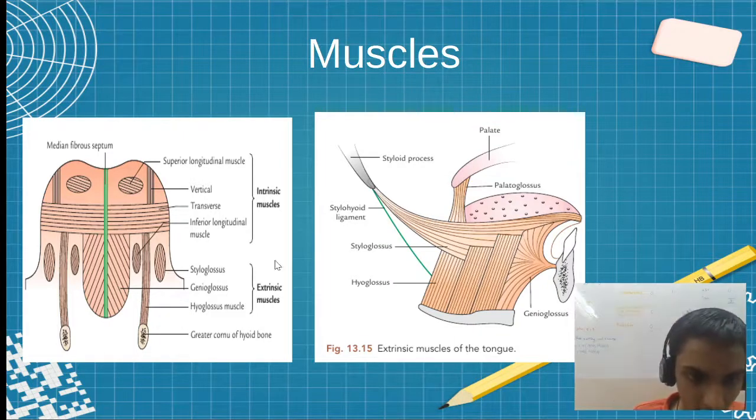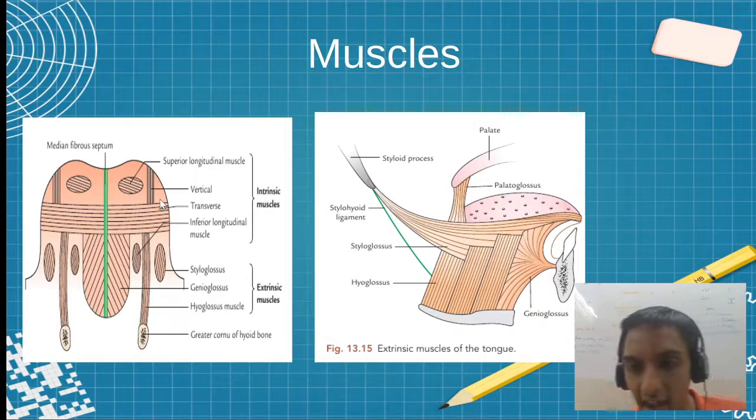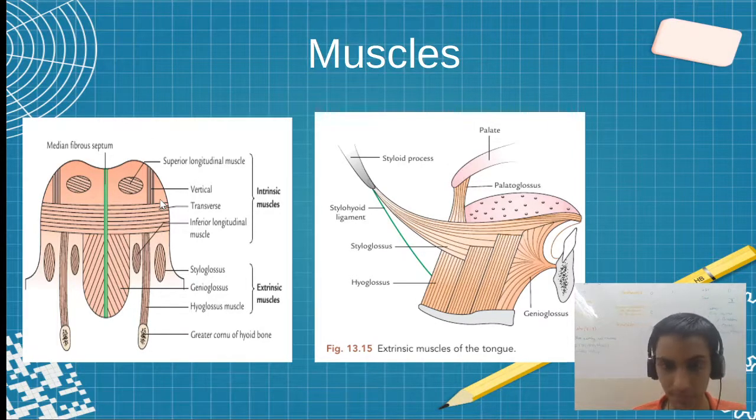So let us see the extrinsic muscles. For intrinsic, only the muscles are important: transverse, vertical, longitudinal. So we have transverse, vertical and longitudinal muscles.